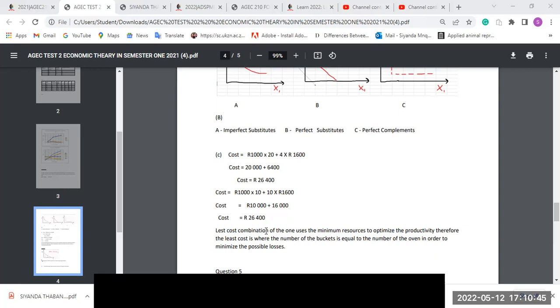Now the least cost combination is one that uses the minimum resources to optimize productivity. Therefore, the least cost is where the number of bakers is equal to the number of ovens in order to minimize possible losses. But due to being in a hurry of submitting, I tend to say buckets, not bakers, guys.